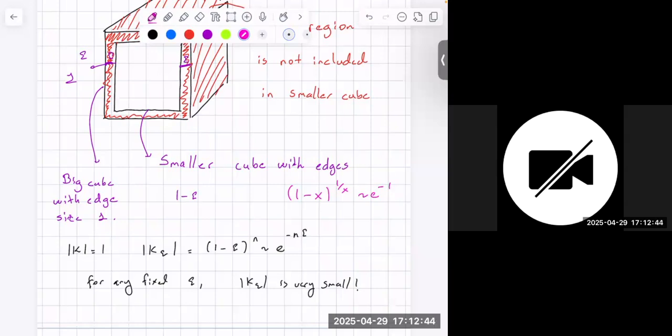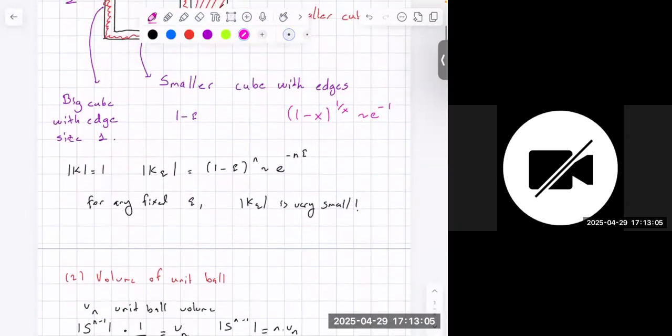All right. Now, the first question: it's easy to compute the volume of the cube. Just multiply the edges, right? But a priori, it's not even clear what the volume of a unit ball is in high dimensions. In 2D, imagine I've got my unit circle, from 0 to here, 1.